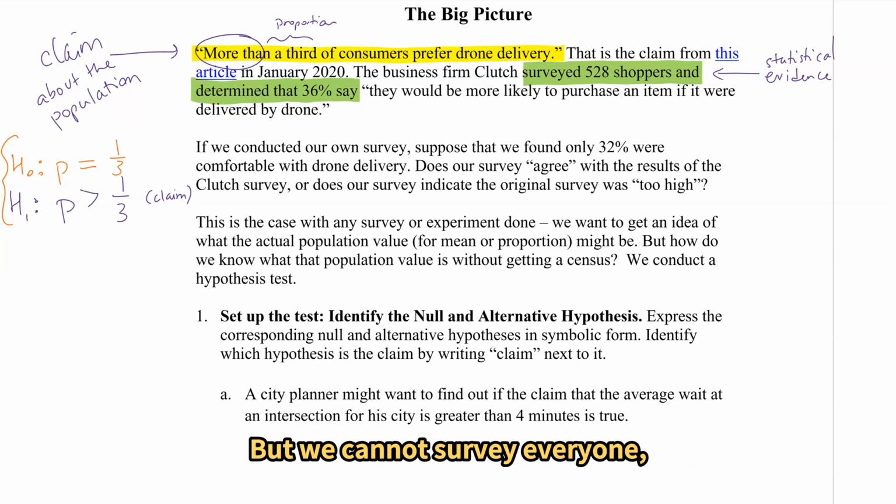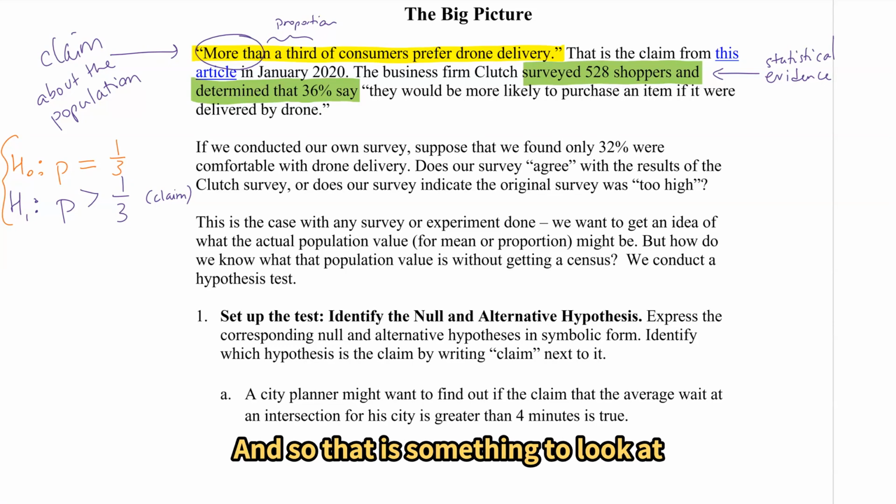But we cannot survey everyone, or we cannot experiment on everyone. It's not feasible, so we take samples. It is not necessarily the case that the bigger the sample, the better the results.